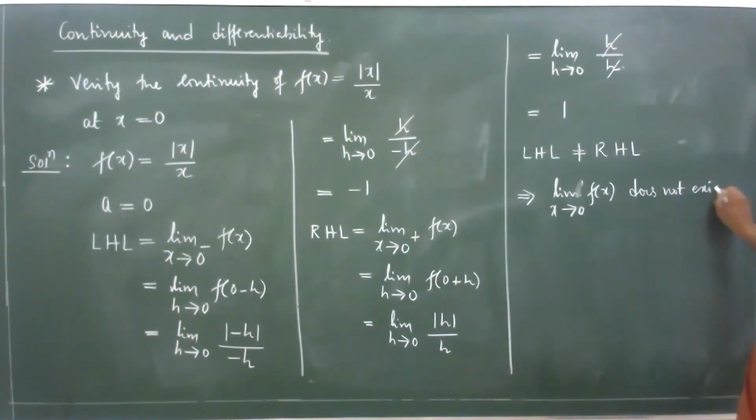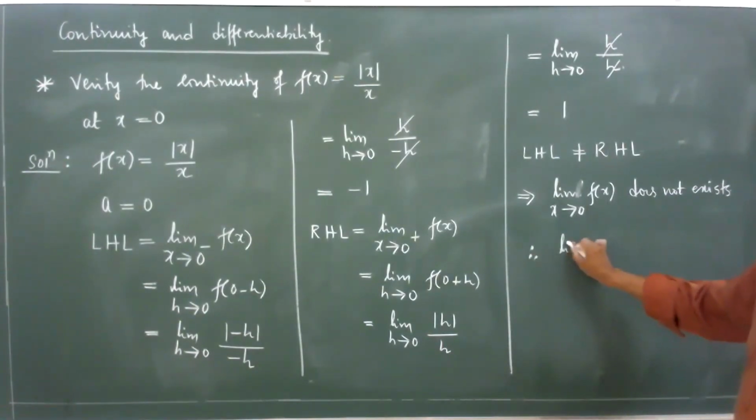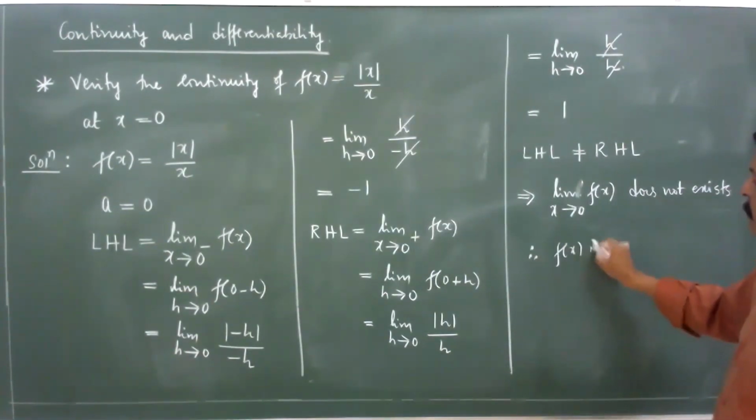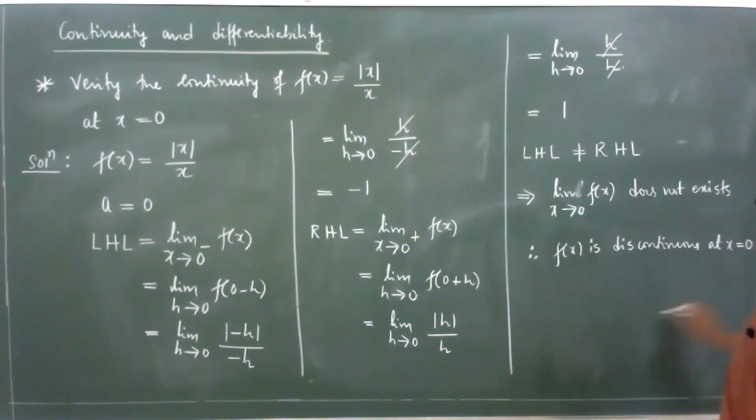Therefore, you can say that function f of x is discontinuous at x is equal to 0.